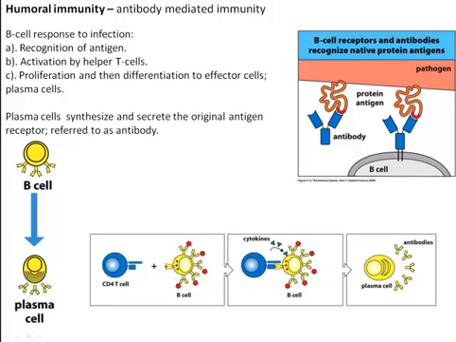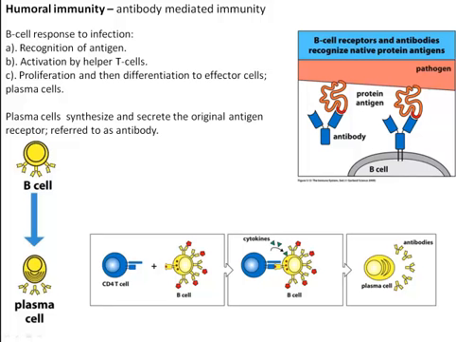Because once a naive B cell is going to be activated to proliferate and then differentiate into the effector cells of the humoral immune response, which will be plasma cells, that essentially are just antibody-secreting factories at this point, a naive B cell will recognize antigens displayed on the pathogens through its immunoglobulin antigen receptor.